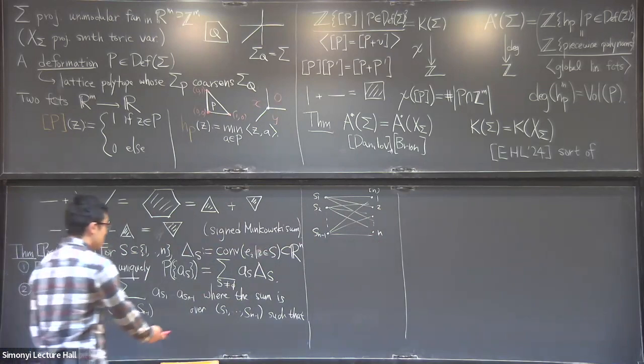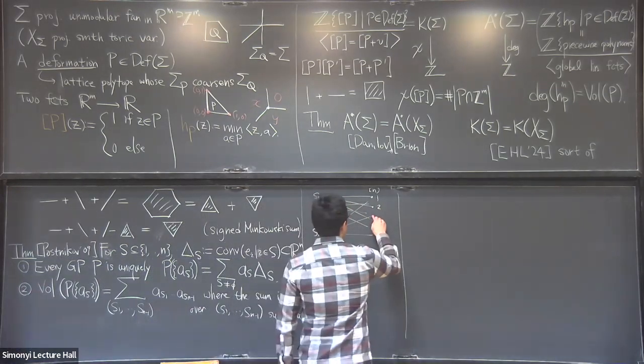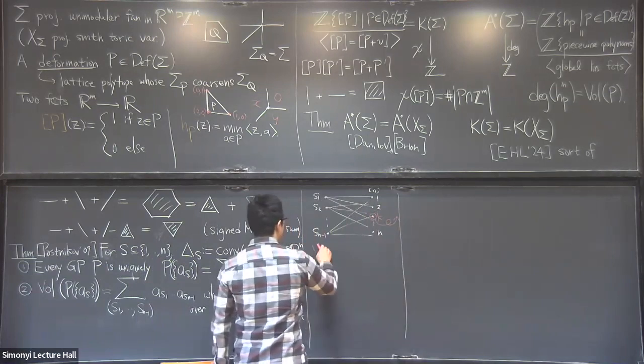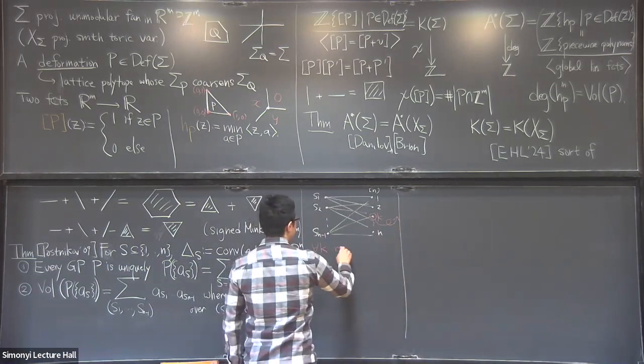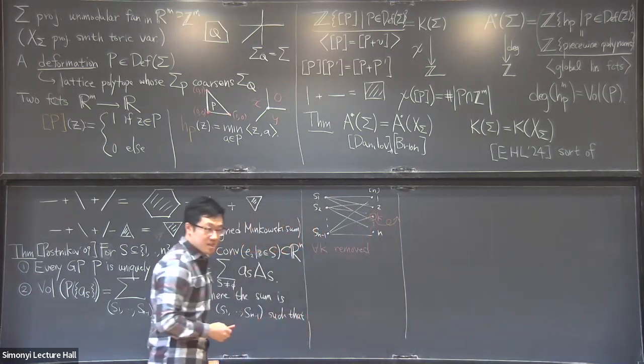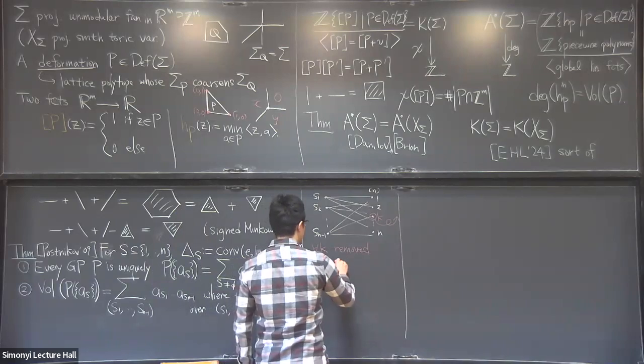And what are we summing over? We're summing over sequences of subsets such that for any removal of some element on the right-hand side, there exists a perfect matching.